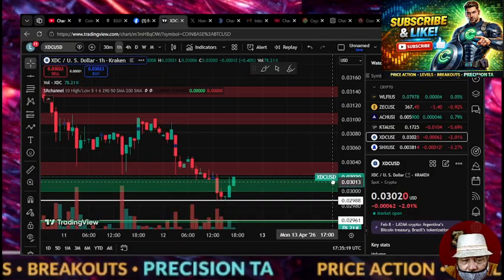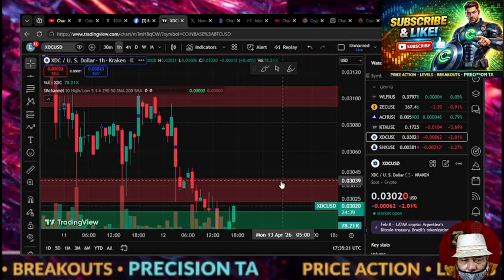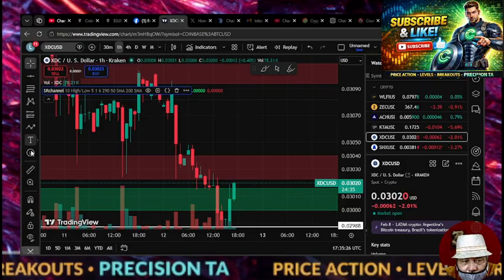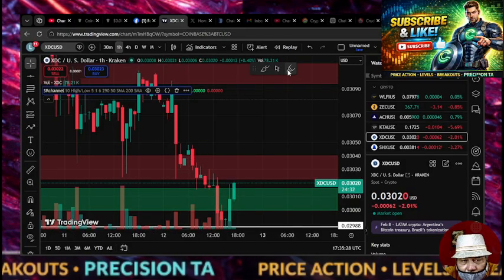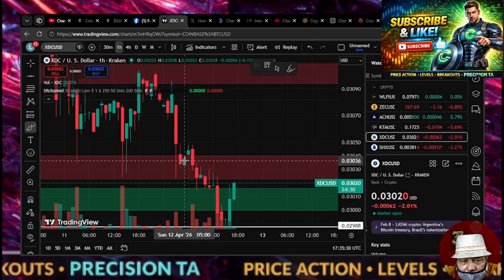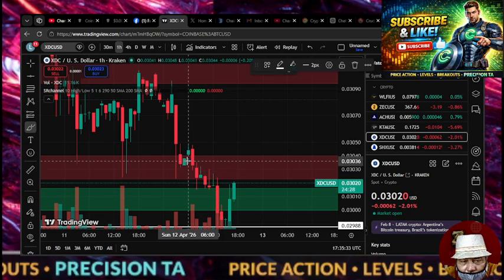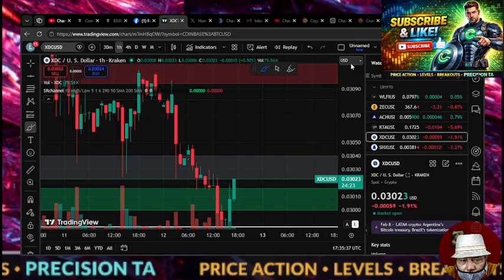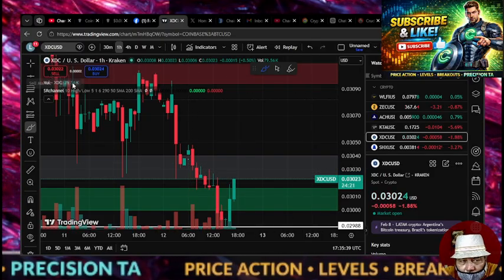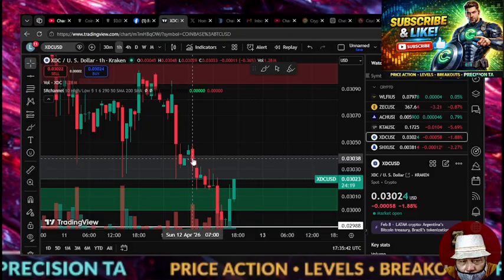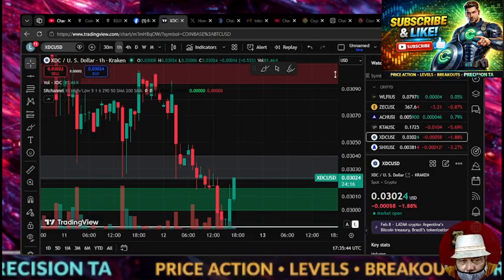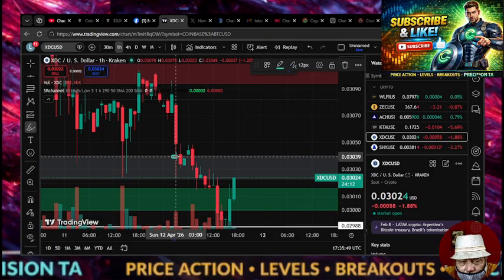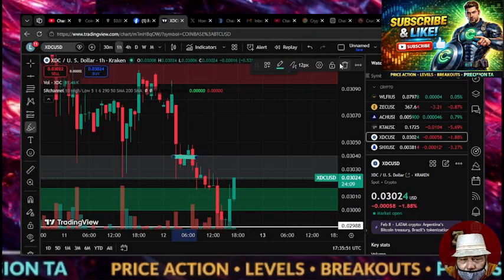If you can see this right here, we have a gap up here. That gap is right here. Let me take that off. That gap is right here, right there where that gap is.